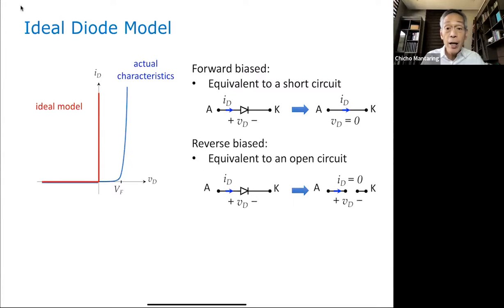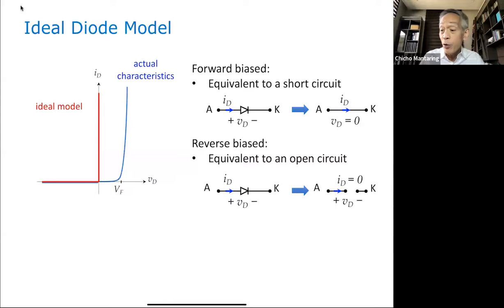On the other hand, when is the diode reverse biased? When the applied voltage tends to be negative or is negative, then it is equivalent to an open circuit. So this is our diode circuit element, and it is equivalent to this. And what is a characteristic of the open circuit?